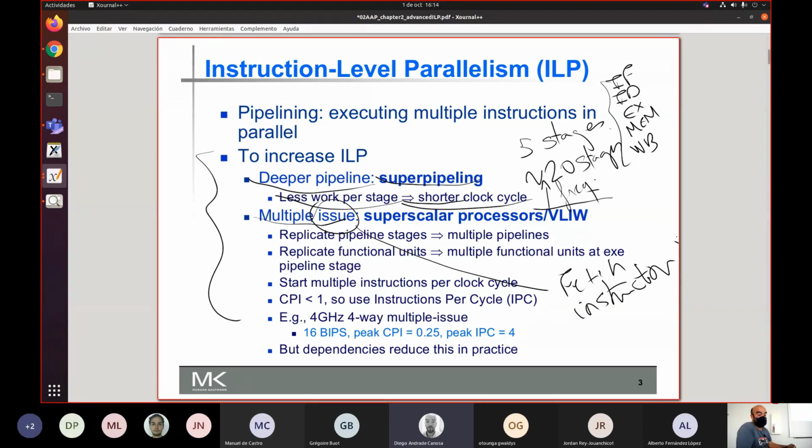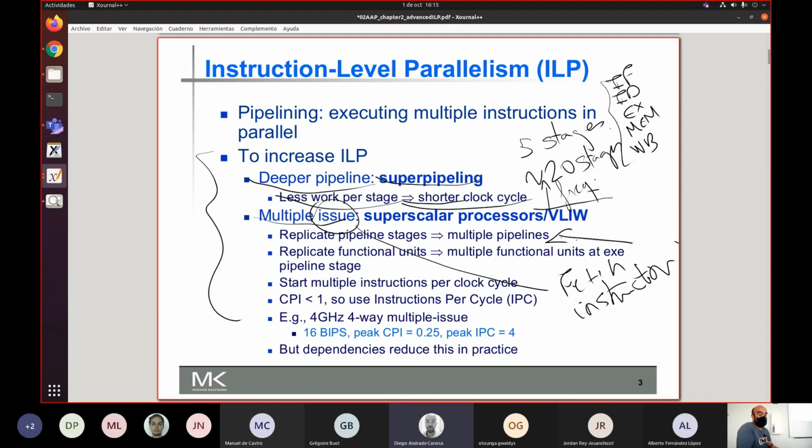In order to do this, one of the most straightforward ways to do so is to replicate the pipeline. Okay, like several copies of the pipeline. But obviously, if we replicate the full pipeline, what we are doing clearly is to create a new core. Okay, but beyond this idea, we have also the idea to replicate it just partially.